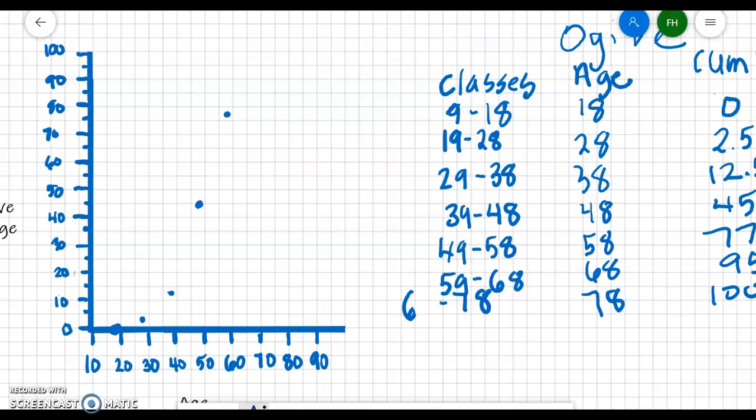Then 68, 95, so 68, and then go up to 95, and then 78 would be about 100. And then we need to connect the dots.